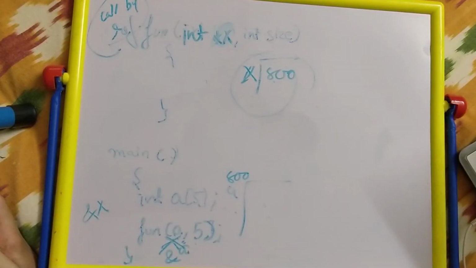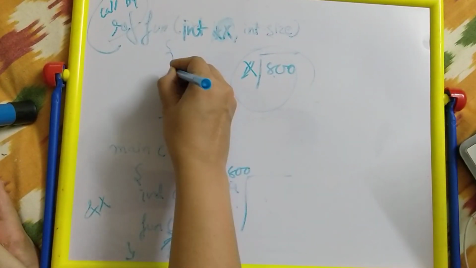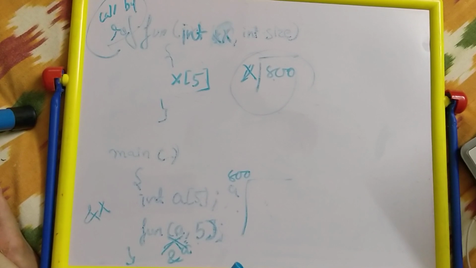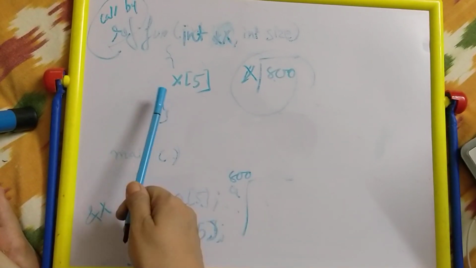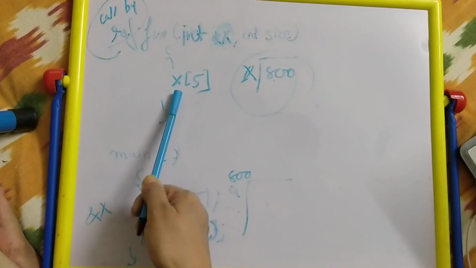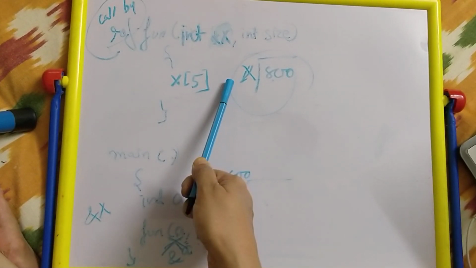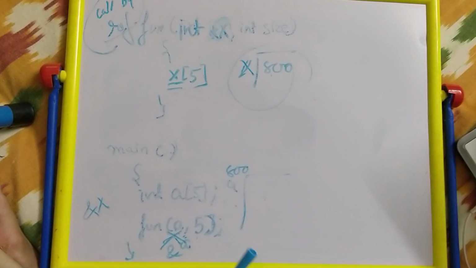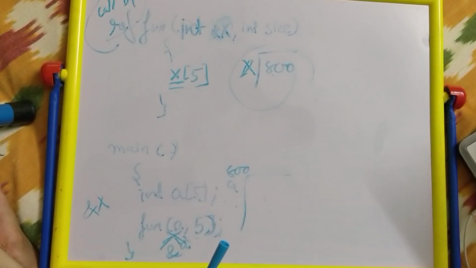Now when you say X of 5, you are working on this particular address plus 5 into the scaling factor. This itself is indicating the address, right?